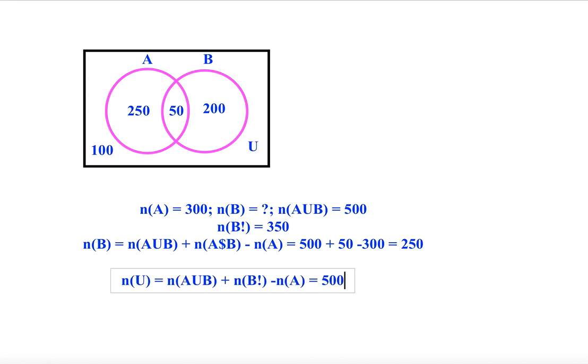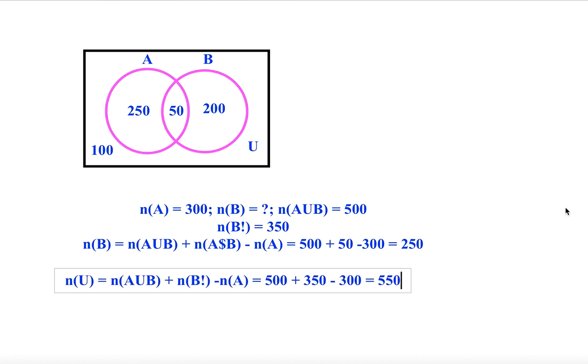500 is A union B. B dash is 350. 350 minus N of A, N of A is 300. So 500 minus 300 is 200. 200 plus 350 is 550. That is N of U. Oh, somewhere I made a mistake.